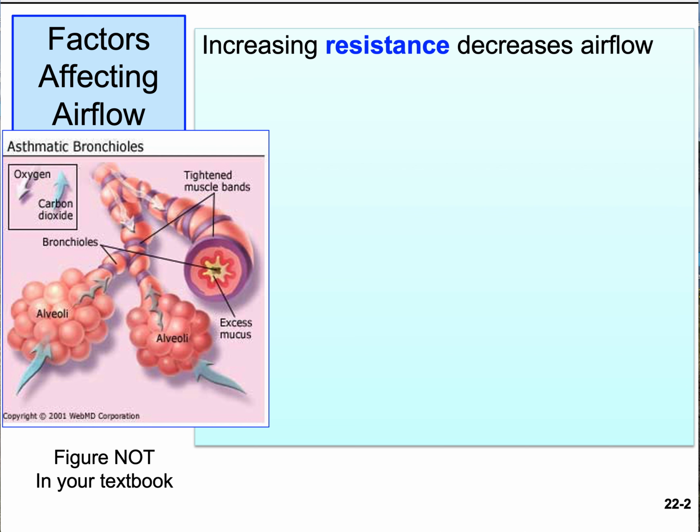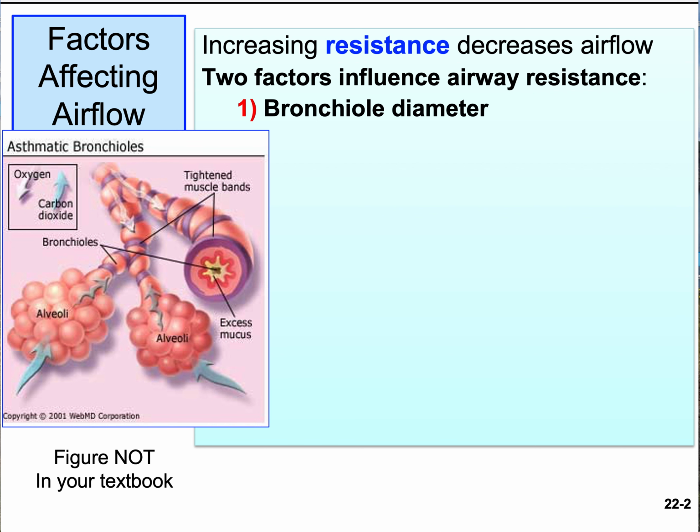And maybe the way to relate to that is trying to drink through a very big, broad straw, the kind that I'm familiar with at McDonald's, or a very narrow straw, and I'm not sure where you're going to get these very narrow straws. So there are two main factors that influence airway resistance, that is, reduce the amount of air that you can get into your lungs.